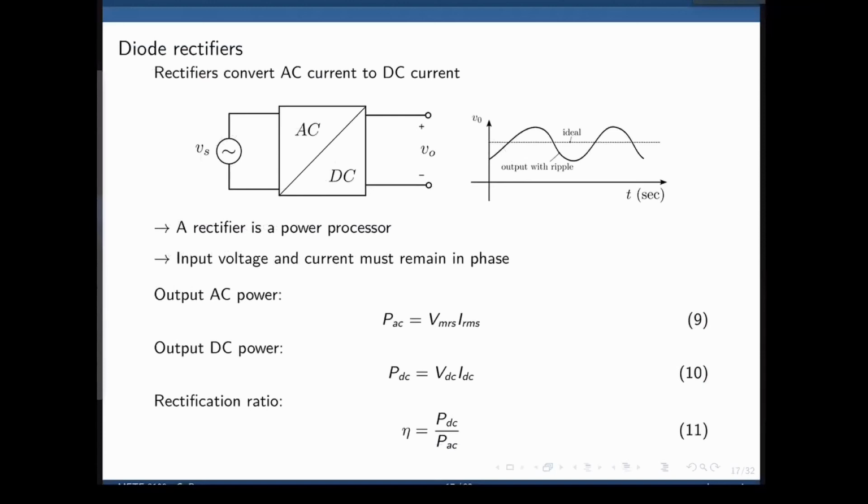In practice, we have a curly waveform, the output with ripple and some harmonics that will originate from the nonlinear behavior of the rectifier. Our job is to design a rectifier that will provide something in the output that is as close as possible to a DC, but it will never, depending on what you're using, be an actual DC waveform.